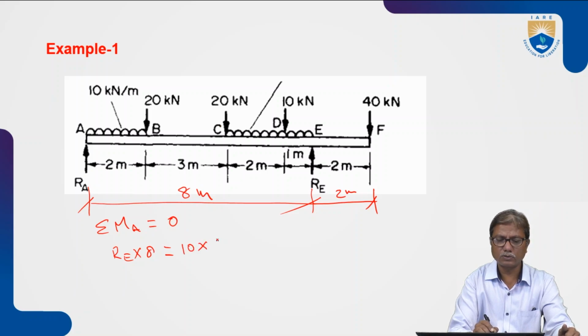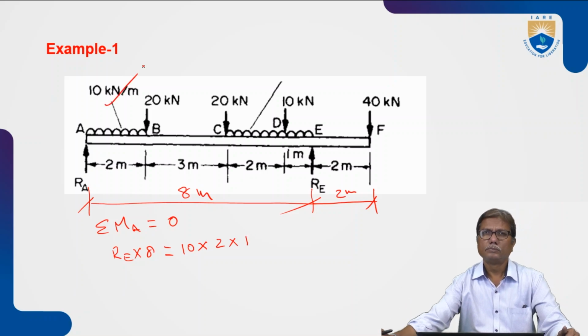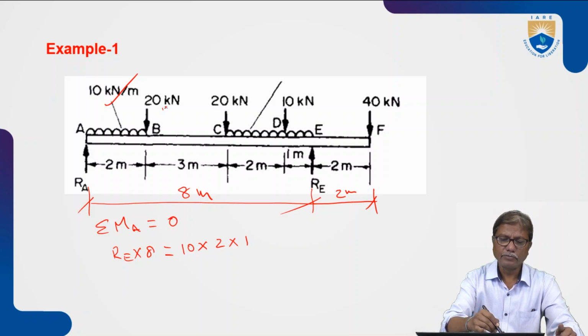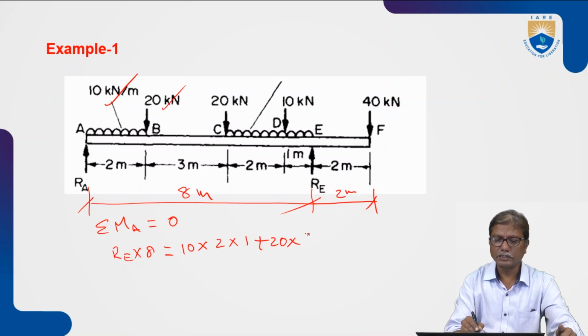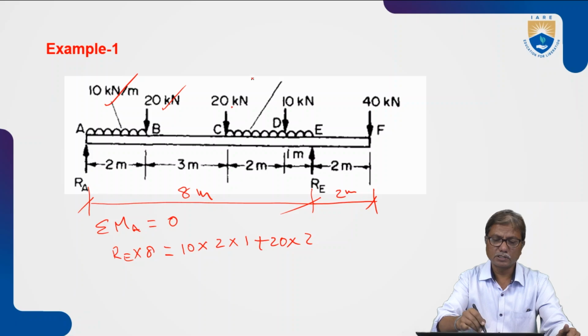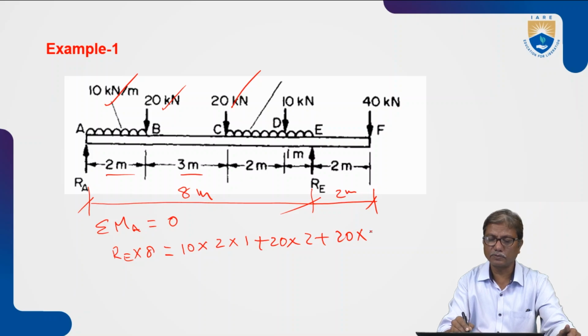So 10 into 2 into 1, that is due to the part UDL acting on AB. Next, point load 20, moment is 20 into 2. Next, the second point load, again 20 kilonewtons, and its distance is 2 plus 3, 5.